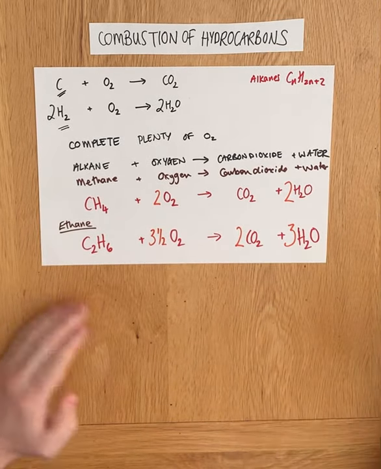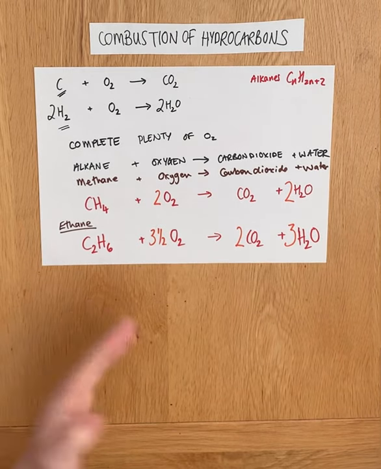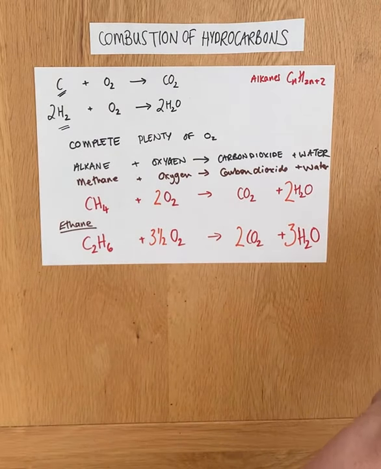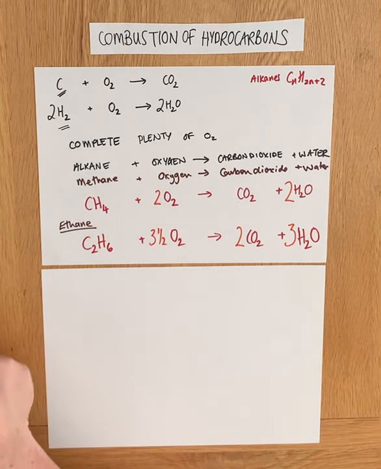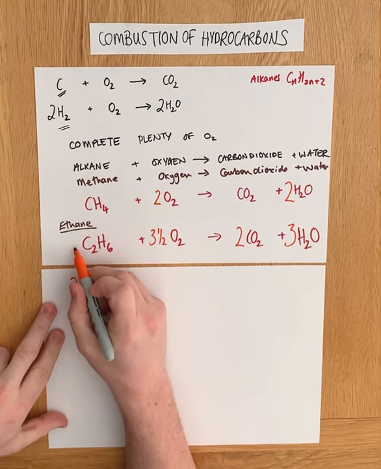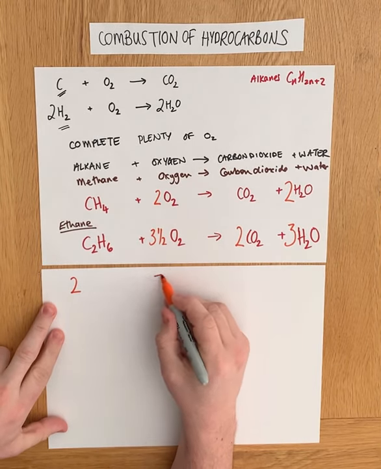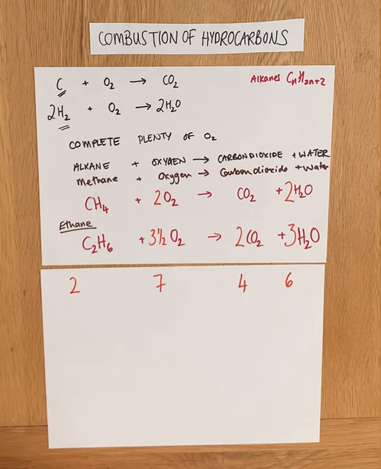Now you can leave it as that if you're not happy with half an O2 molecule, because technically we're saying 3.5 moles of oxygen. If you don't like the half, you can double the whole equation. So 1 is doubled, 3.5 is doubled, 2 is doubled, 3 is doubled.